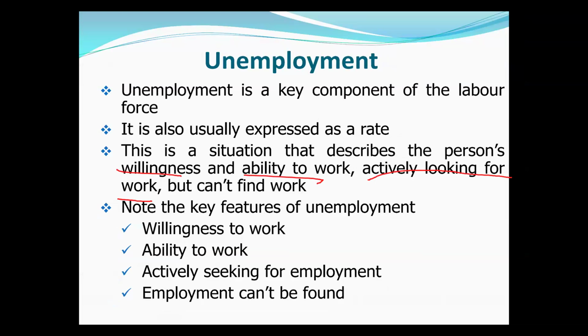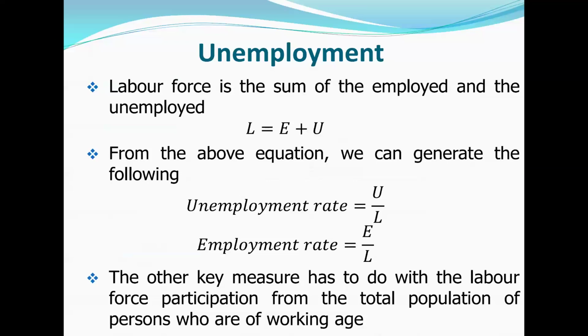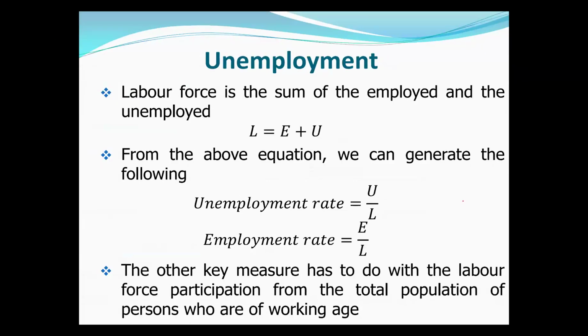So I've emphasized the key features of unemployment: one, willingness to work; two, ability to work; three, you're looking for the job; and four, you can't find that job. Labor force is basically the sum of those people who are employed plus those who are not employed.